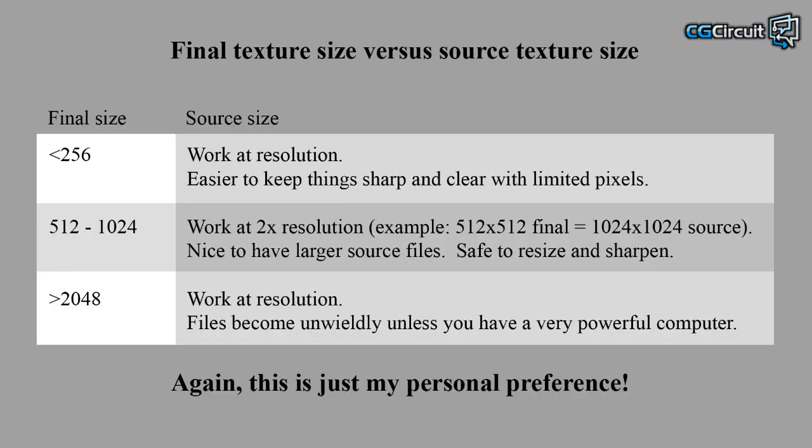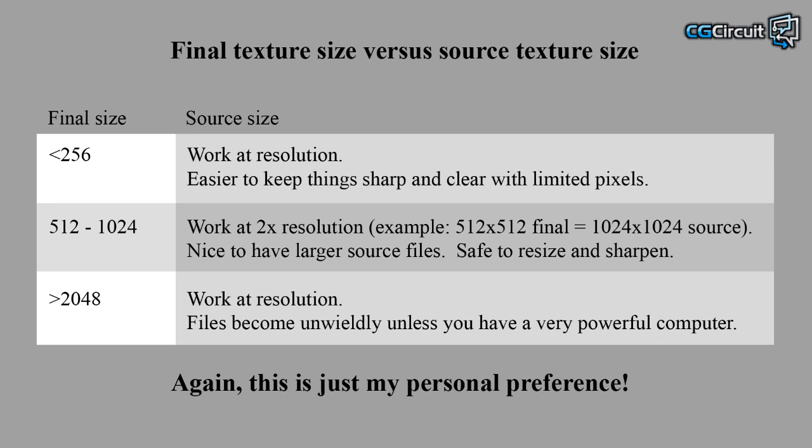Unless required otherwise, I like to do the following for texture sizes. And this is not a hard and fast rule by any means. It's just what I like to do. If given the decision to make, this is what I would decide, and that is if the texture is around 256 or below, then I would work at resolution.